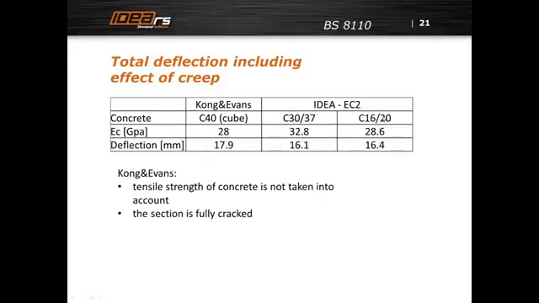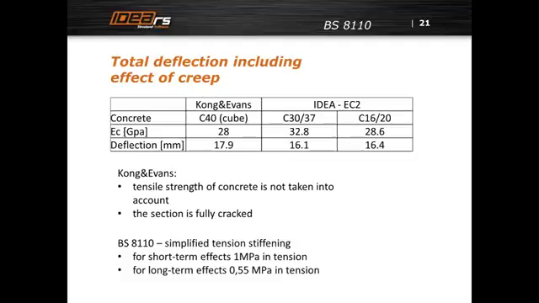When I tried to select a lower grade of concrete, so that my modulus of elasticity would be closer to the one used by Kong, I got a deflection of 16.4. The first reason was that the modulus of elasticity is still a little bit higher, but what is more, Kong and Evans did not take the tensile strength of concrete into account, which is significant. The section was fully cracked. There was no tension stiffening.